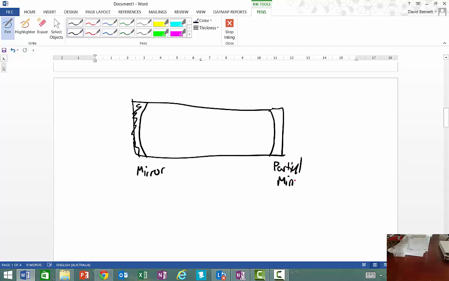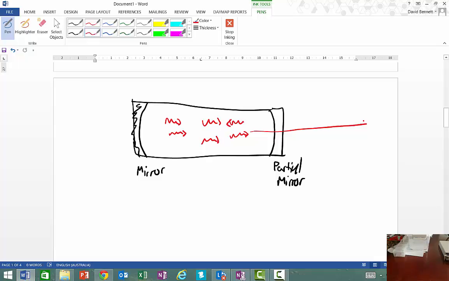Excuse my writing. So what's going to happen here, we're going to have a whole heap of little photons buzzing around with the same amount of energy, and they will line up to be going the same direction, and then once we have enough energy, because this is only a partial mirror, you'll get a beam of light that goes through that partial mirror.